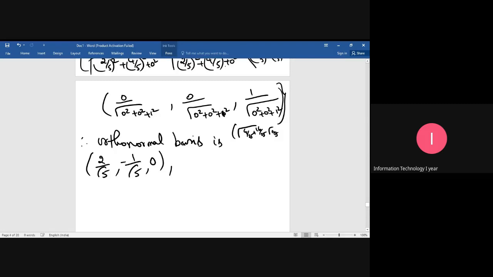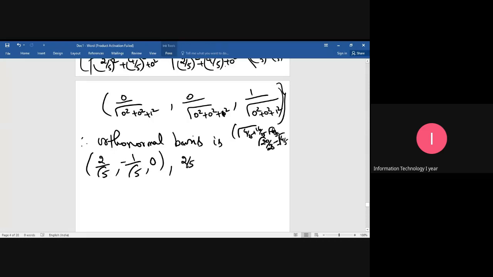It is actually 20 by 25. So it is actually square root of, cancelling that, 4 by 5. So we get 2 by root 5.